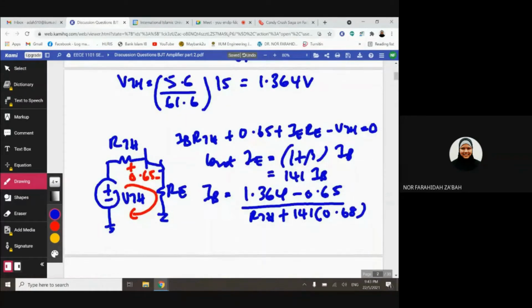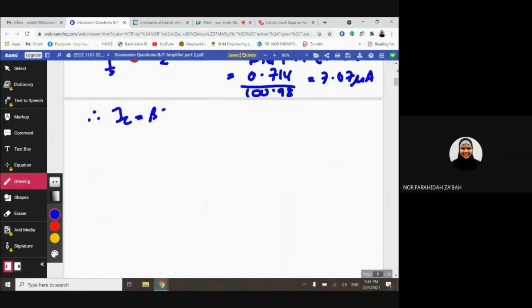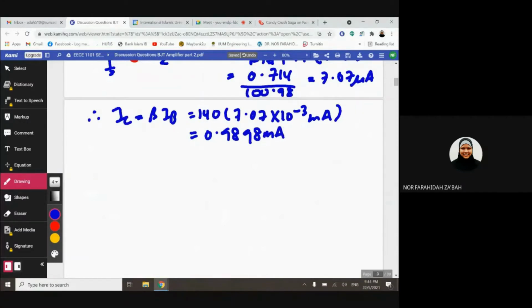So you will get IB of 7.07 microampere. But we want to find IC in order to find the parameters. IC is equivalent to beta IB, 140 multiplied with 7.07 times 10 to the minus 3 milliampere. So you will get 0.9898 milliampere. So that is your IC.